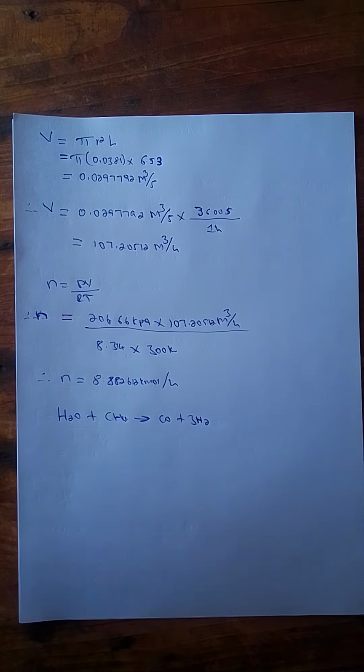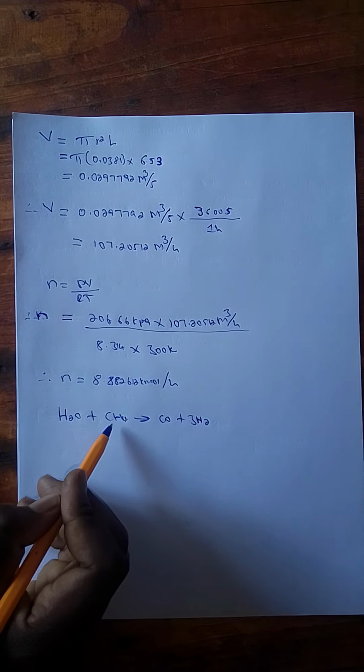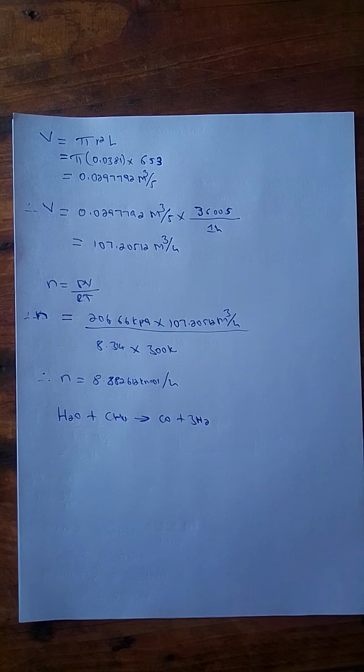So now at the exhaust gas, we want to know how much of H2O is left and how much of CH4 is left, and also how much of CO and H2 has formed. But for us to get that, we're going to need to know how much of the limiting reactant has actually reacted. And from our question A, we know already that CH4 is the limiting reactant, and we need to know how much of that reacted.